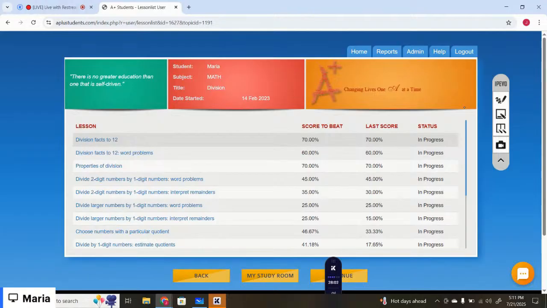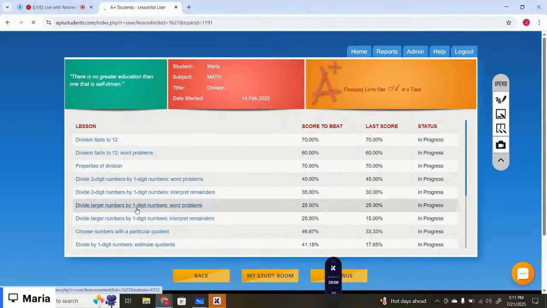The next lesson is divide larger number by one-digit numbers, word problems.